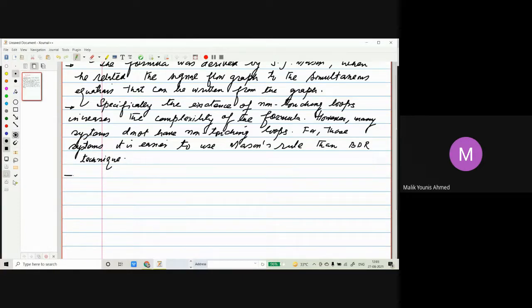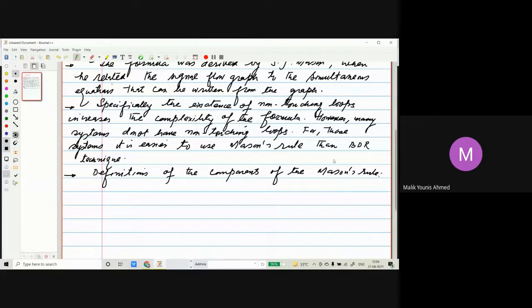Let's understand the definitions of the components of Mason's rule.